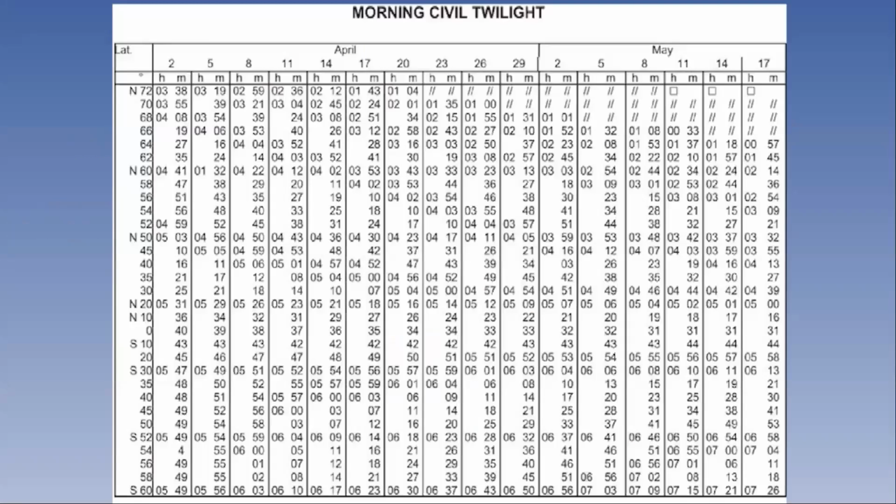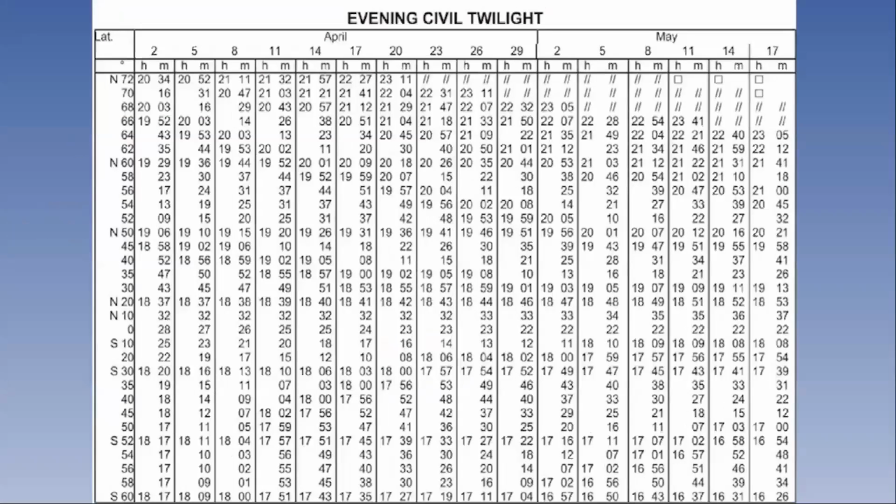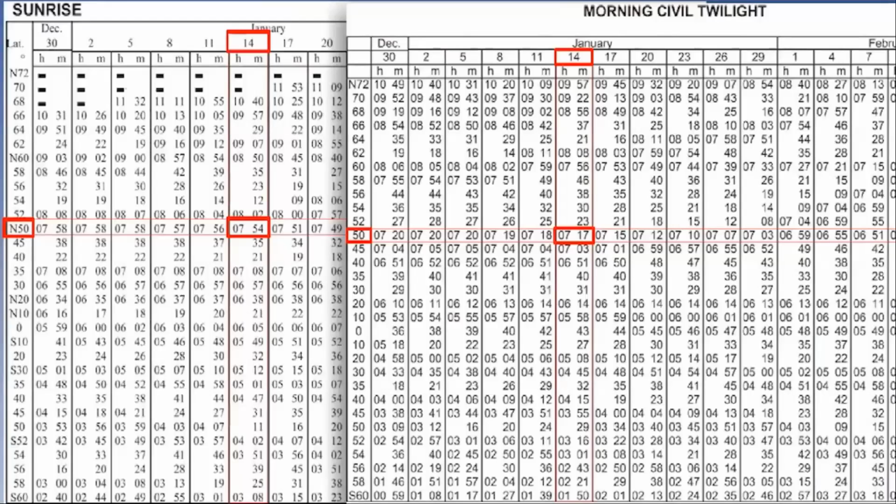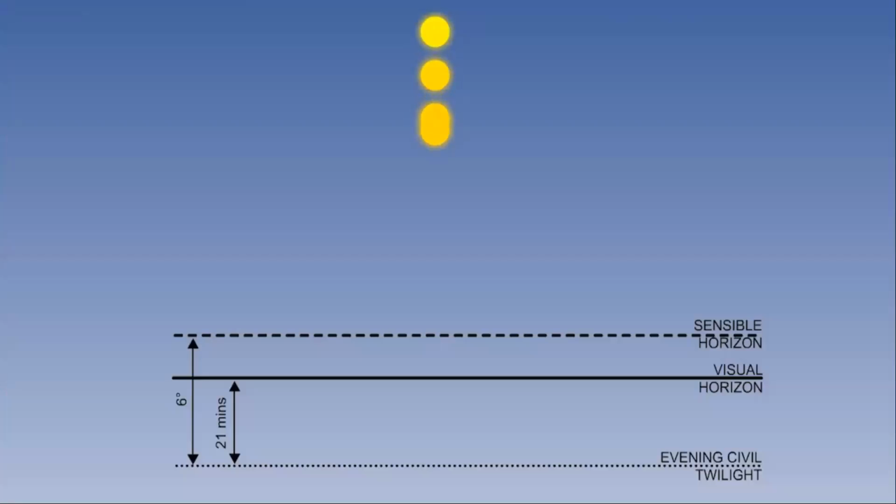The local mean times of the beginning of morning civil twilight and the end of evening civil twilight are given in the Air Almanac in the same format as the sunrise and sunset tables. Again, they need to be converted to UTC to be useful. To find the duration of twilight, compare its time with that of sunrise or sunset as appropriate. Twilight can never be shorter than 21 minutes, which occurs at the equator at an equinox.